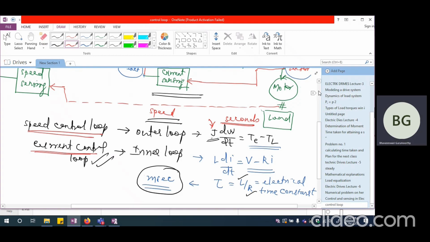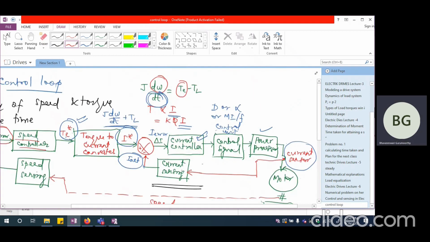So the current control loop may be executed 10 times or 20 times before one speed control loop execution takes place. The inner loop is executed multiple times before the speed control loop is executed even once. This is the kind of order of time constant we are going to have for the system.